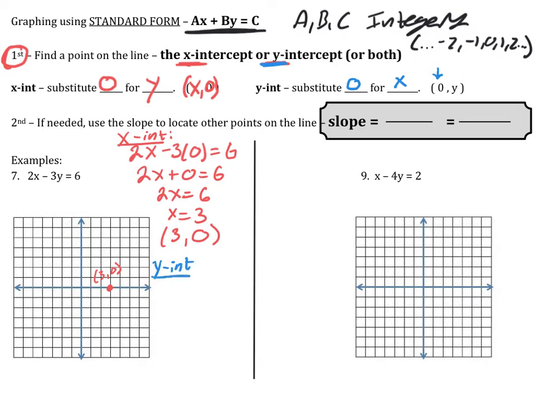So we're going to go to our equation, we're going to substitute in 0 for x. We're going to have 2 times 0 minus 3y equals 6. Well, 2 times 0 is just 0. All right. 0 minus 3y is just negative 3y.